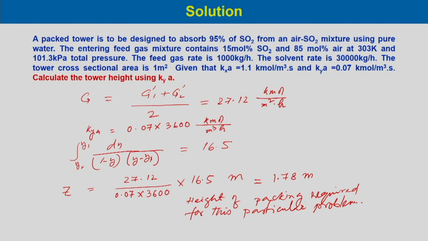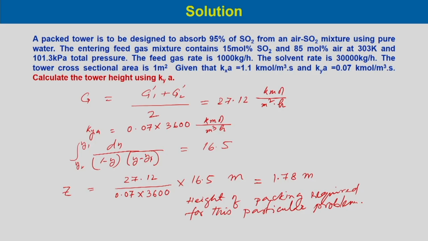So, we have seen how to design based on the individual mass transfer coefficient method, and we calculated the height of packing required for a given separation, considering different parameters to calculate the interfacial concentration, how to obtain the tie line, how to plot it, how to get the sets of data to plot and find the area under the curve, and we finally obtained the height of the packing.